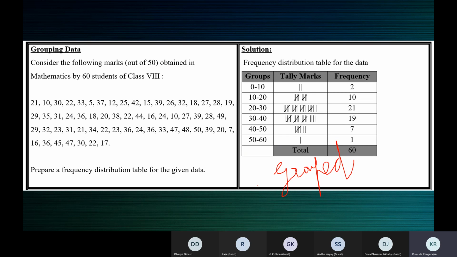Because you can make groups. In 10 to 20, 10, 11, 12, 13, 14, 15, 16, 17, 18, and 19 are grouped in the class interval 10 to 20. So since we can make small groups here, it's called a grouped frequency distribution or a grouped frequency table.